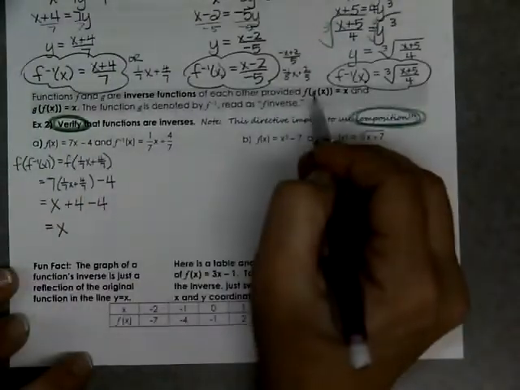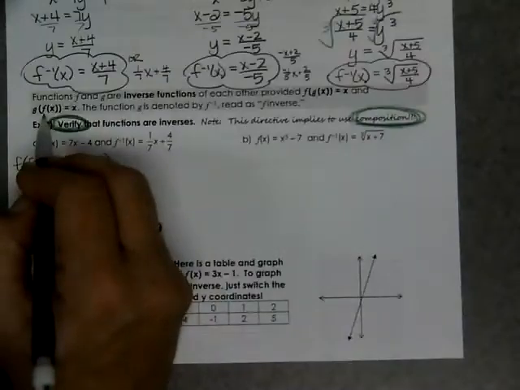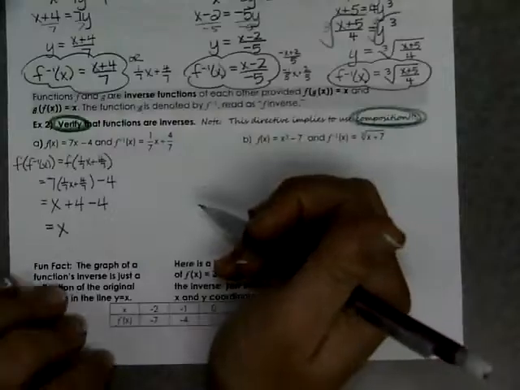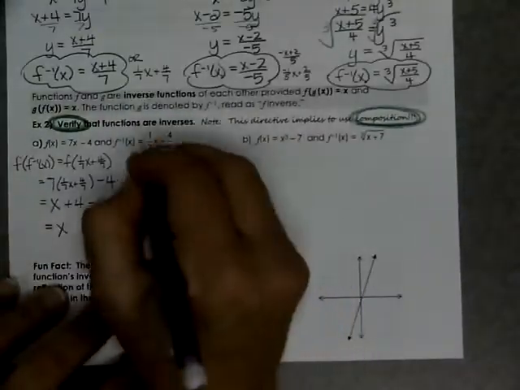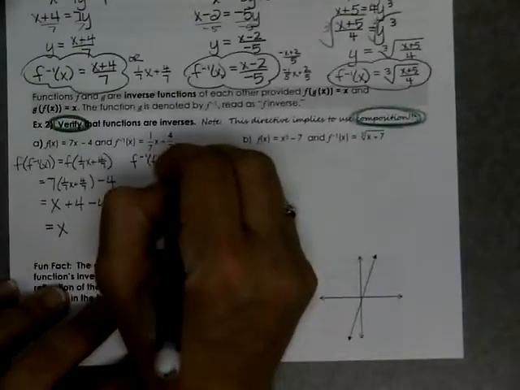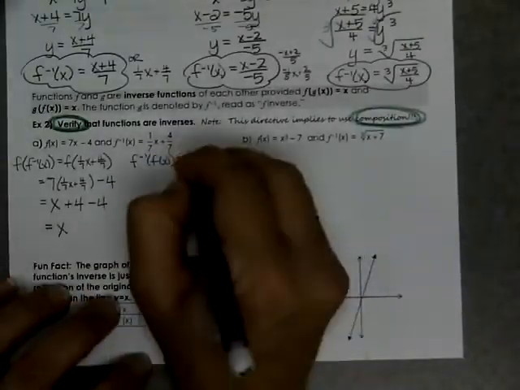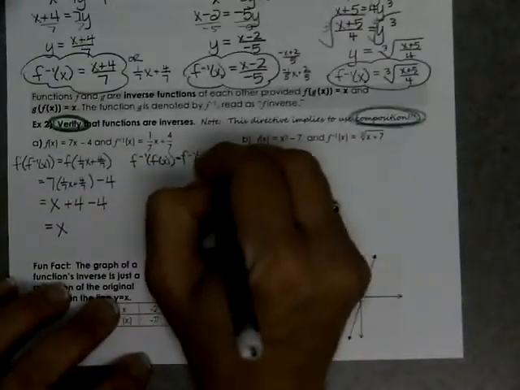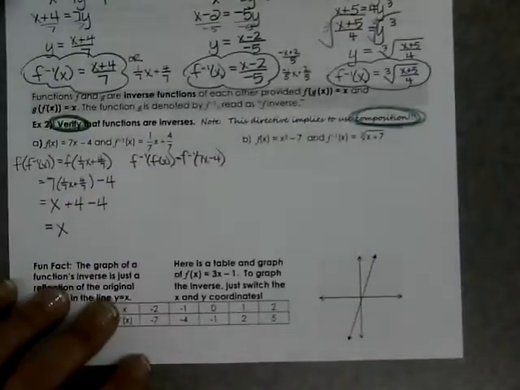But notice that it has to be both ways, because we've looked before at how composition is not commutative. So now let's try f inverse of f of x and make sure that we get it. That means I'm taking f inverse of 7x minus 4.